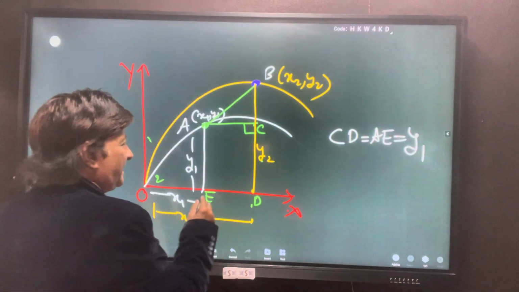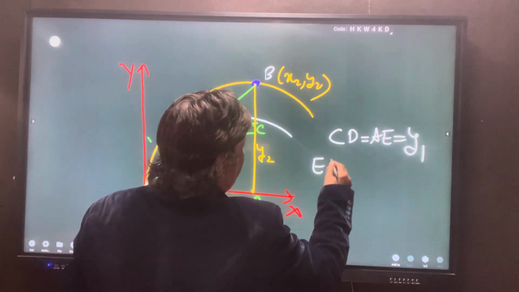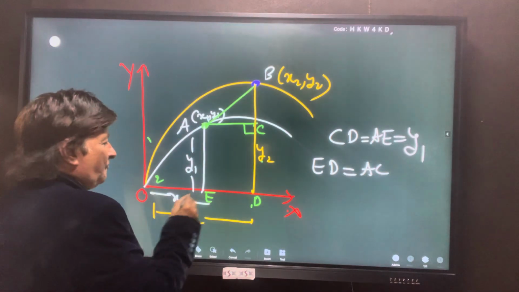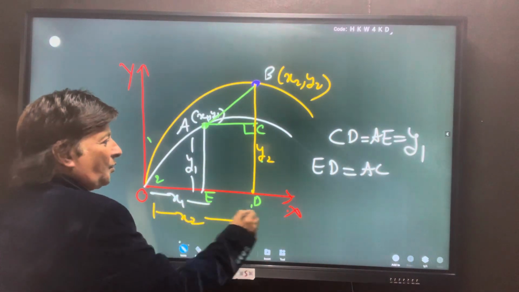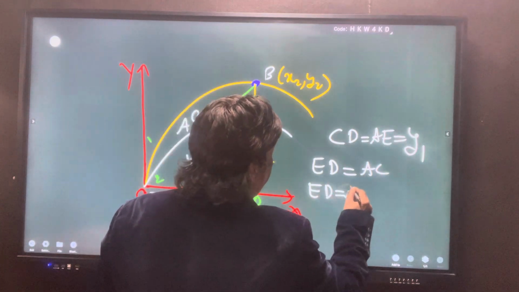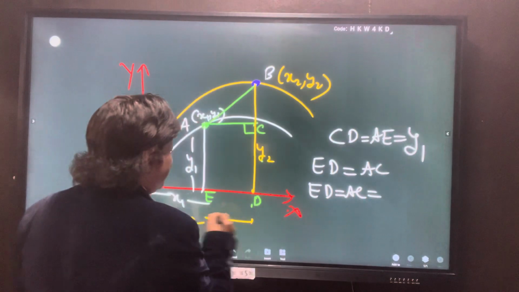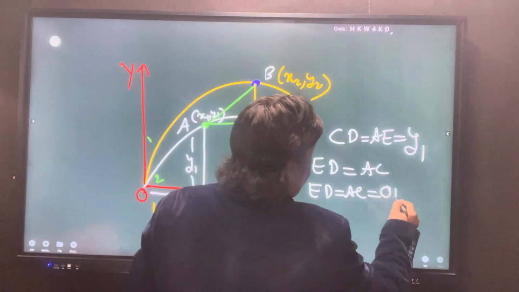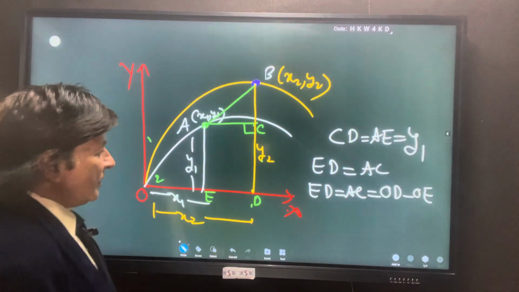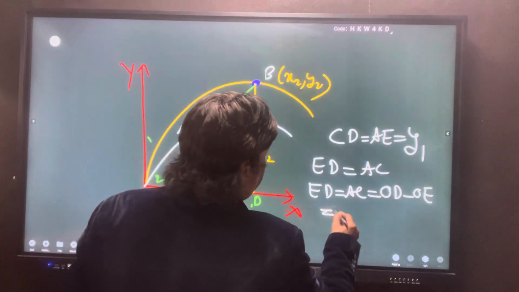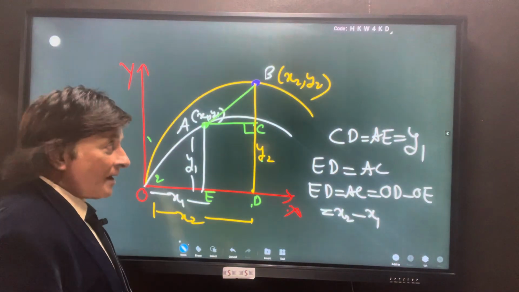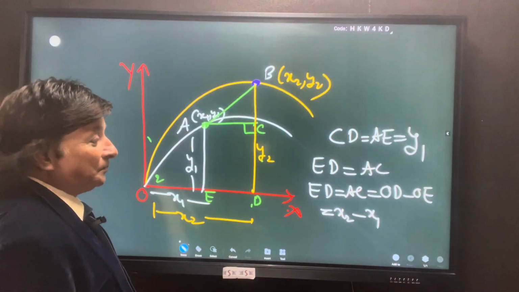Very simple. ED is equal to AC. Now, what is OD? ED is equal to OD minus OE. OD is x2 and OE is x1.